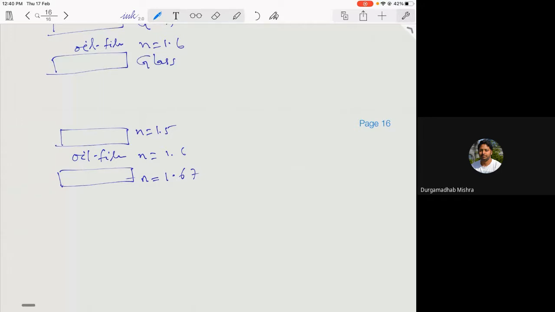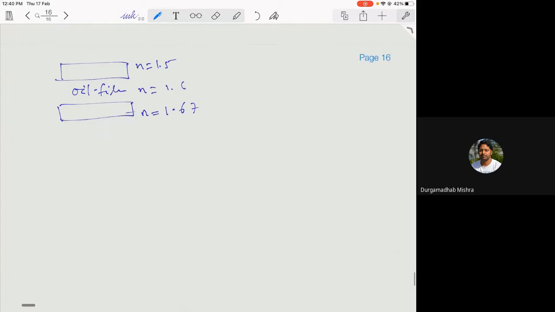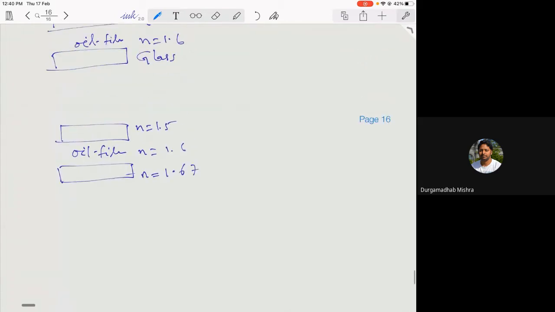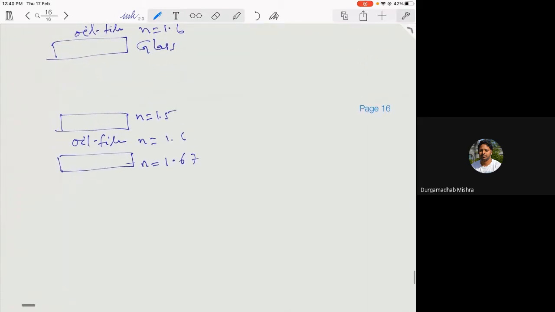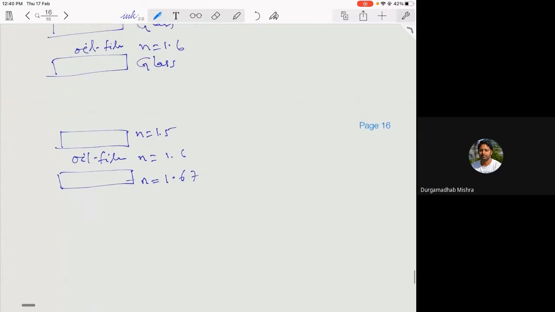Before that, I want to consider another condition for the interference. Yes, assume the angle of incidence is 0, so it is a perpendicular incidence. Light is always falling perpendicular to the surface.